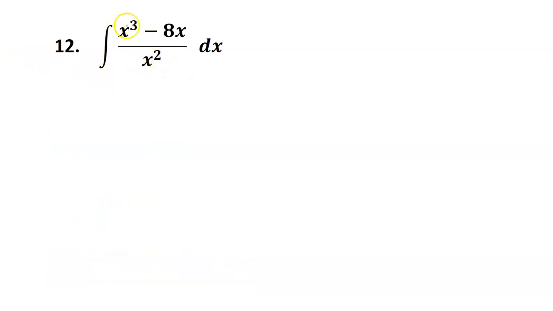For number 12, we will not use natural log. Notice that the degree of the numerator is higher than the denominator. So that makes us think probably not natural log. Also, we have a monomial in the denominator, just one term. Don't forget about the a plus b over c rule. We can rewrite this as a over c plus b over c. So I'm going to do that now.